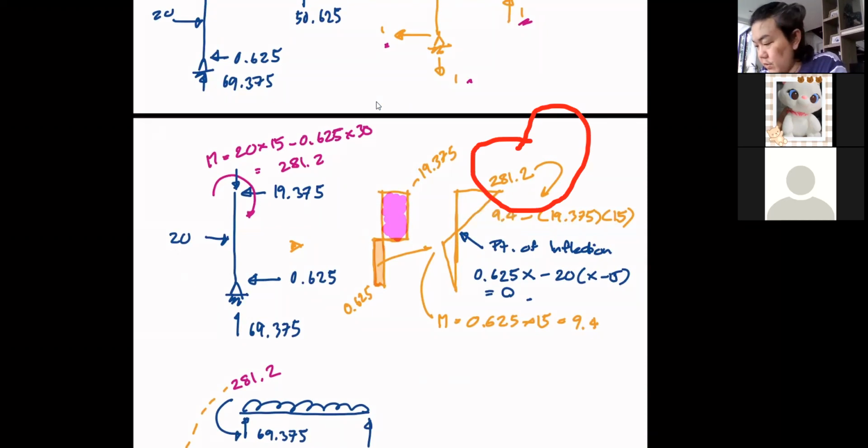Okay, so it's 281.2. The number is the same, but I didn't write any sign. It's the negative value, just add it. Okay, teacher. Thanks.